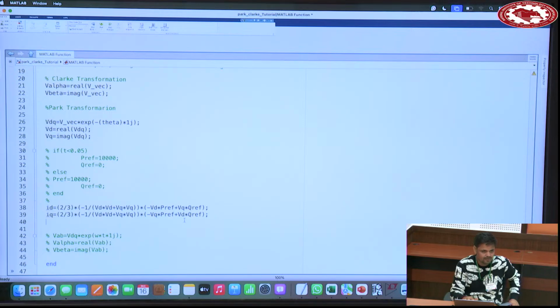For inverse, it is 1 upon determinant. So this is minus 1 upon VD square plus VQ square. And then for a 2 by 2 matrix, what is the inverse? Most of us are GATE qualified.